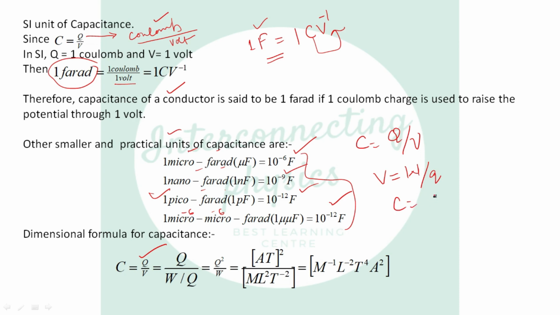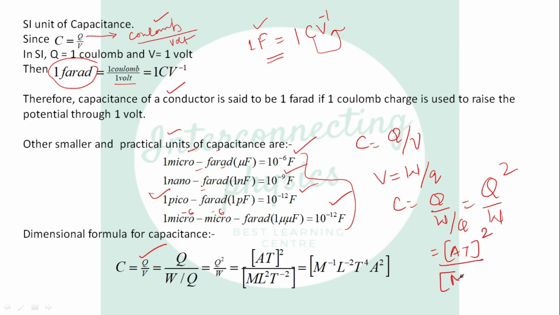So C equal to Q divided by W divided by Q. So it is Q square divided by W. What is the dimension formula for Q? It is AT, so Q squared is A squared T squared, and the dimension formula for work done is ML^2T^-2. When we calculate this, we get M^-1 L^-2 T^4 A^2.